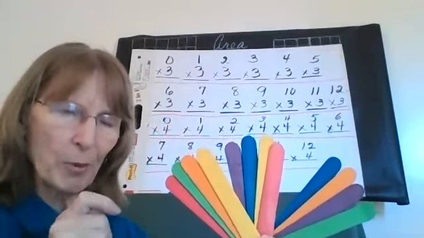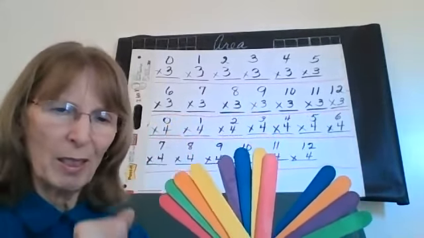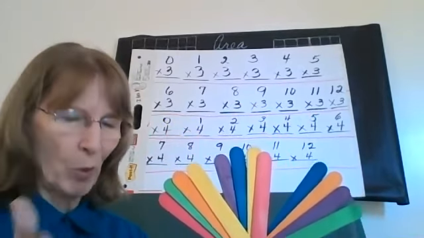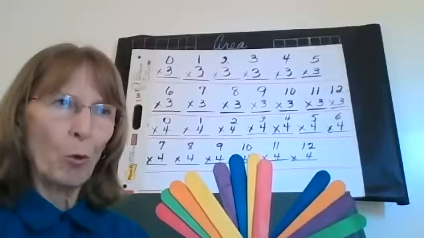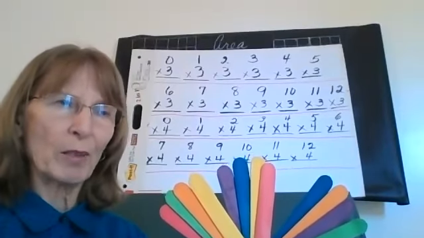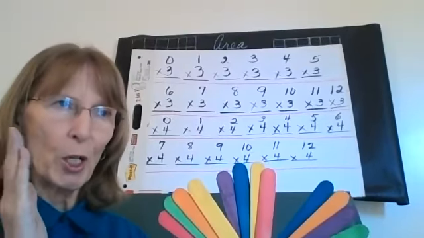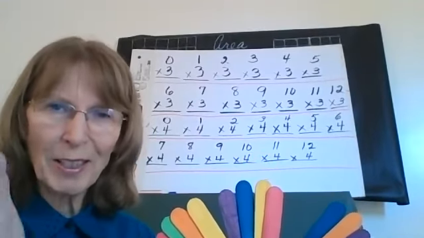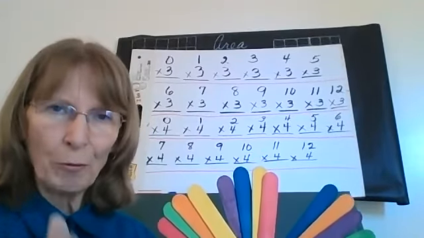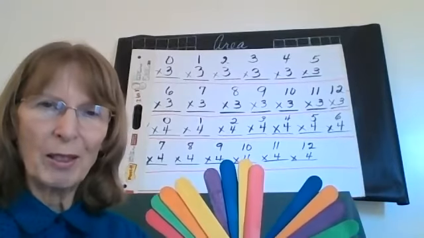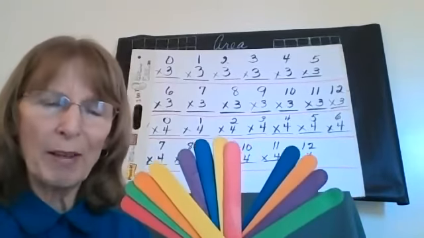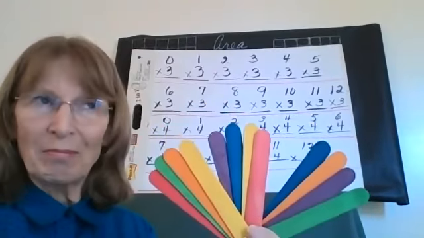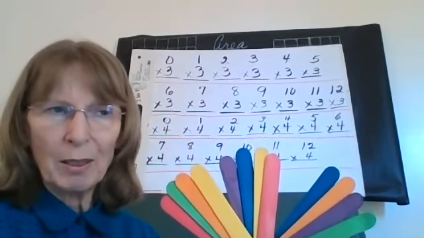So what our numbers are: 4, 3 groups, and 12 altogether. 4 and 3 and 12. Let's say the smallest one first. 3 and 4 and 12. Say it again. 3, 4, 12. Can you make a multiplication problem out of that? Let's say the 12 is your answer. So you have a 3 and a 4.